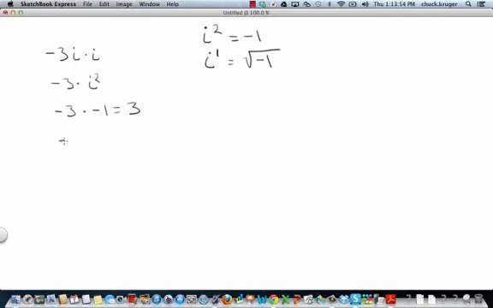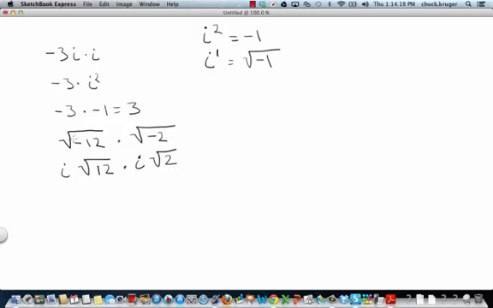All right, I have the square root of a negative 12 times the square root of a negative 2. In solving these, the first thing I do is I take out i, and I'm going to write the square root of 12 times i times the square root of 2.